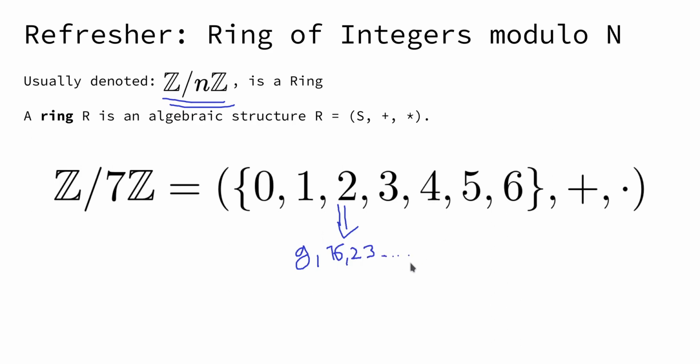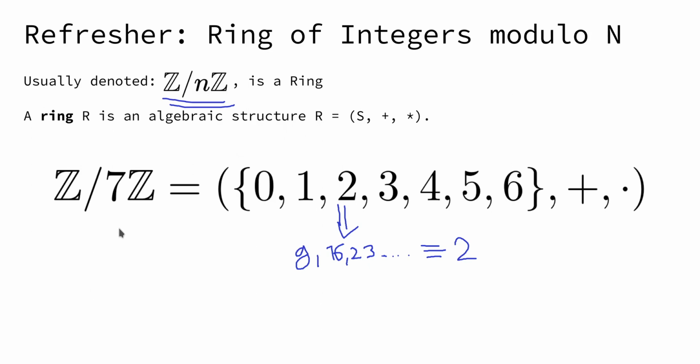Just all numbers that modulo 7 are 2. So all numbers that are congruent to 2. I'm showing you that because in the paper you might stumble across this notation. I don't want it to confuse you.